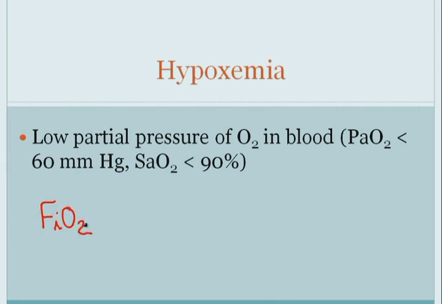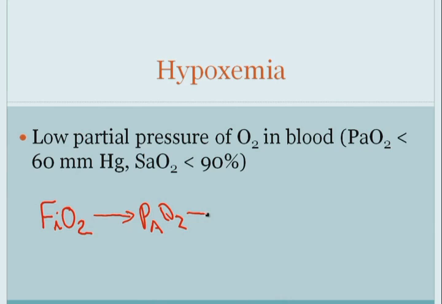This is really the fractional percentage of oxygen within the atmosphere. And the goal of the lungs is to bring that FiO2 into the alveolar air sacs and to create something called the PAO2. So the PAO2 is the partial pressure of oxygen within the alveolar airspace.